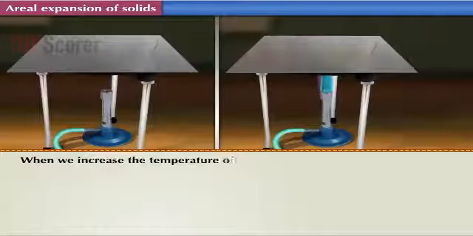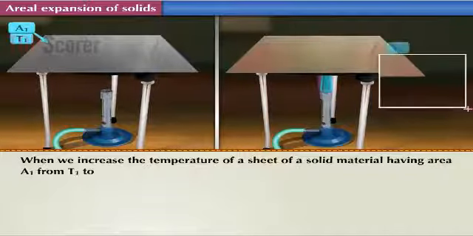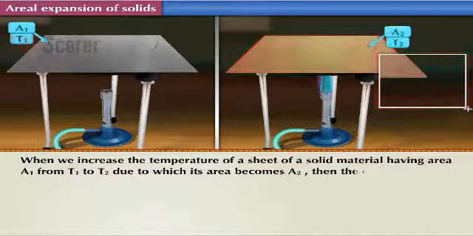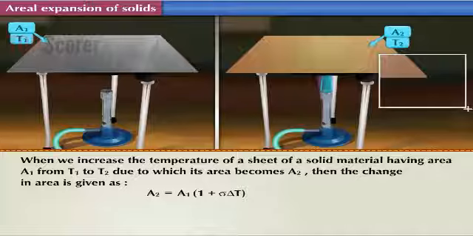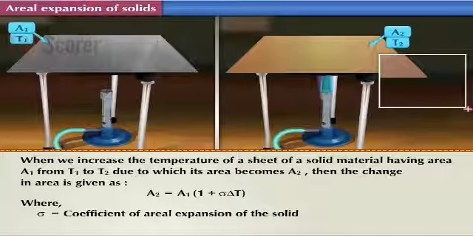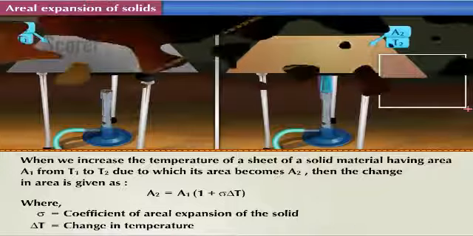When we increase the temperature of a sheet of a solid material having area A1 from T1 to T2, due to which its area becomes A2, then the change in area is given as A2 is equal to A1 into, in brackets, 1 plus sigma into delta T, where sigma is the coefficient of areal expansion of the solid and delta T is the change in temperature. Come, let us now know about the volumetric expansion of solids.